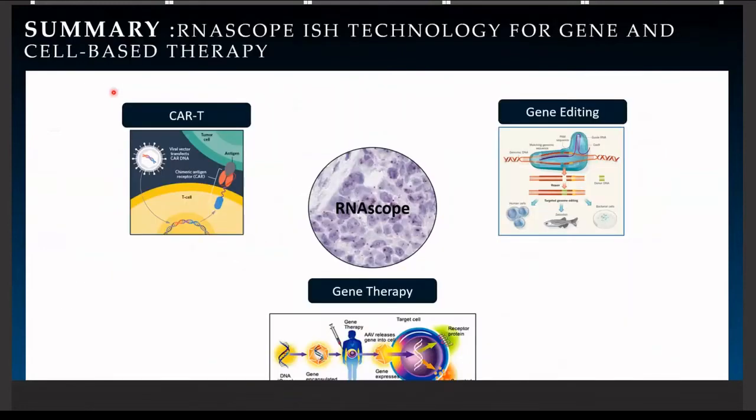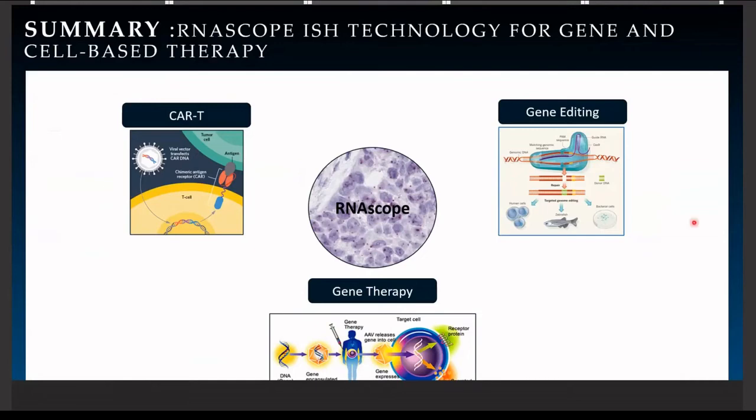So in summary, our ACD technology is an ideal solution to detect therapeutic or target gene expression and vector sequences in individual cells within the tissues with morphological context, and to address critical questions on efficacy and safety behind nucleic acid and cell-based therapies.